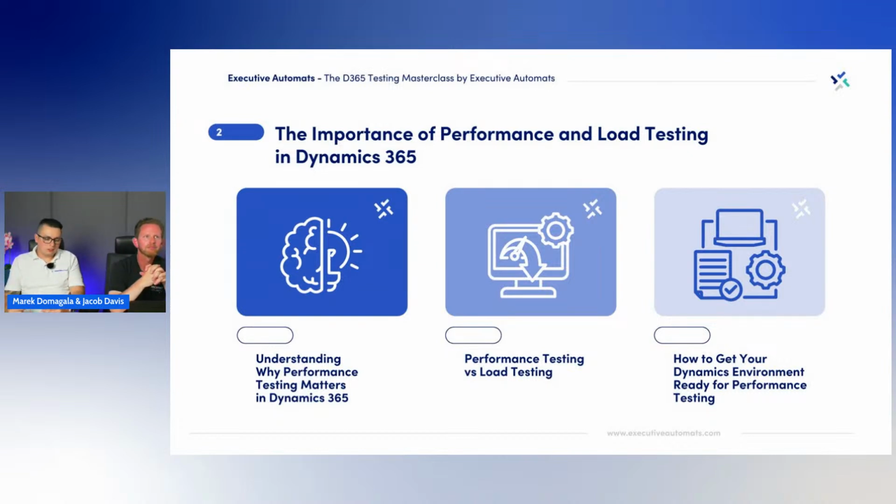So let's say we're starting our project with Executive Automate with performance testing. What we need to think about first is what kind of performance testing we need to do. Let's say in this case it will be load testing, as we mentioned previously.